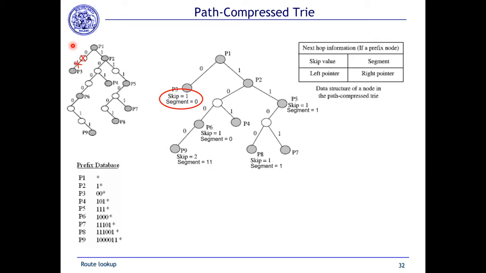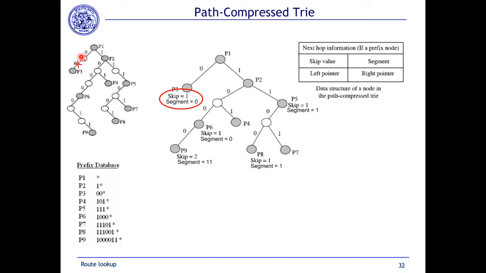So in this case, we remove one node, so the skip variable would be 1. And the segment variable, that is the value of the original bit on the path that has been removed, will be 0, which is the value of the bit corresponding to this arc below.